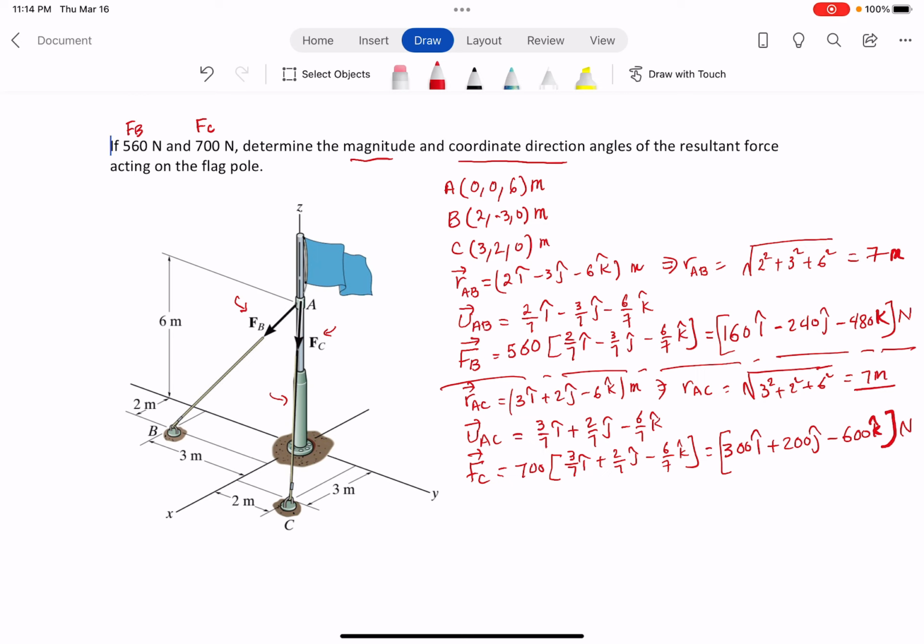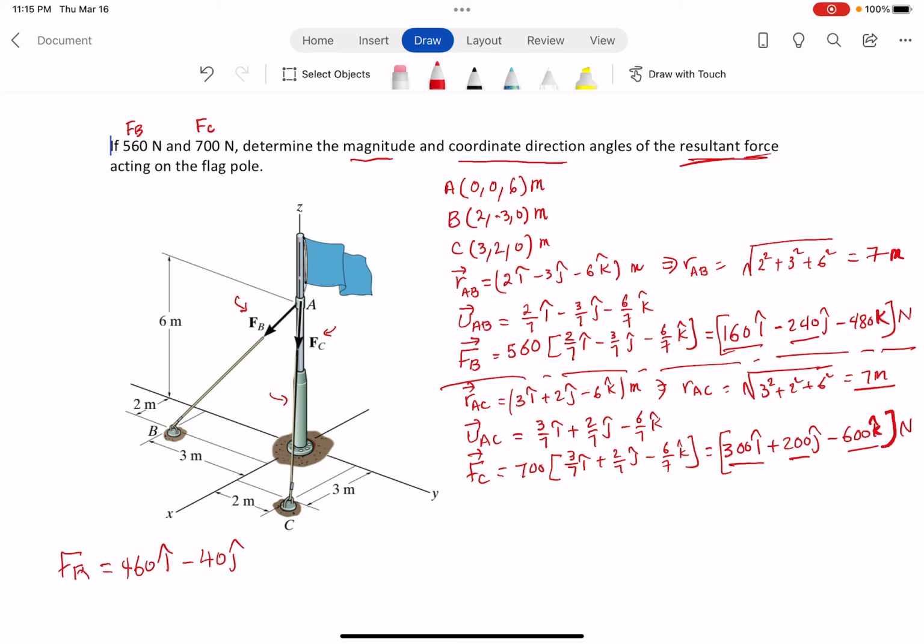Now, what he wants here is the magnitude and the coordinate angles of the resultant force. So let's find the resultant force. You should add both forces. Add all the i's: 300 plus 160, and that is 460. For j, 200 minus 240, so it is minus 40j.